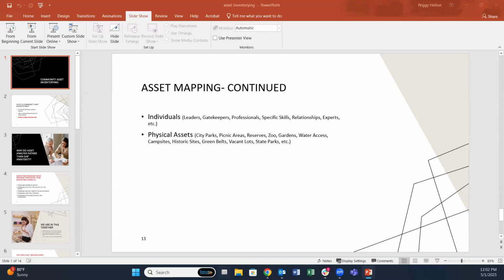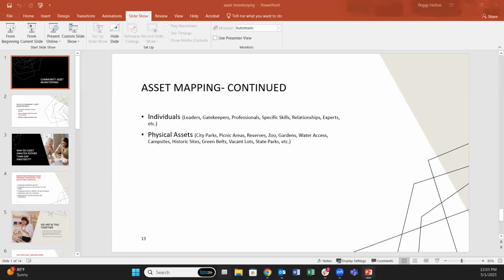I know that this is a huge topic, and this is a relatively short period of time that we're going through it, but I did want to make sure that you at least understand what the process is, that this is something that is available. There's lots of examples you can Google, templates on asset mapping, so you won't have to start over from fresh.